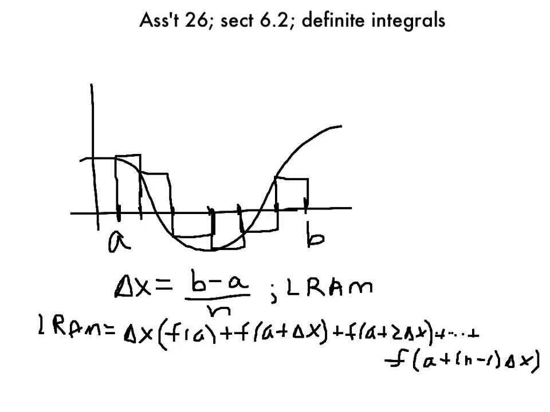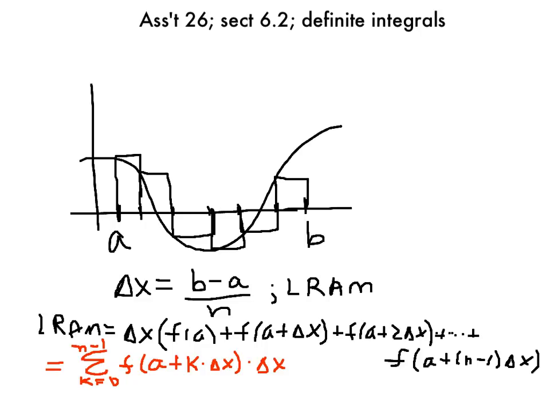And if I can just squeeze it in, I'll introduce you to sigma notation. This is exactly the same as the sum as k goes from 0 to n minus 1 of f of a plus k delta x, times delta x.